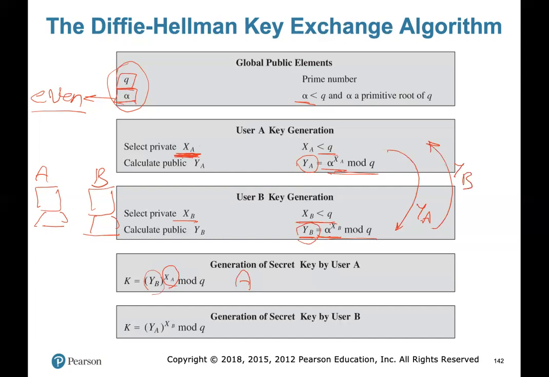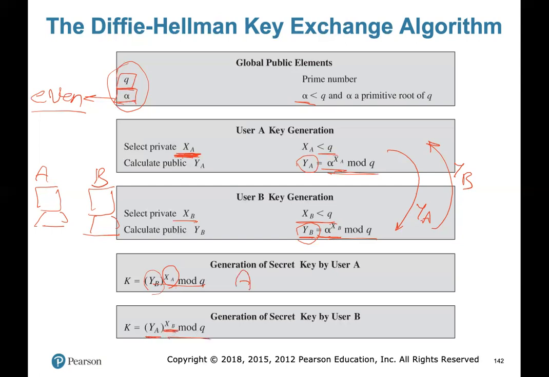So Alice calculates YB to the power of XA mod Q, and Bob calculates YA, which he received from Alice, to the power of XB, which is his private key, mod Q.